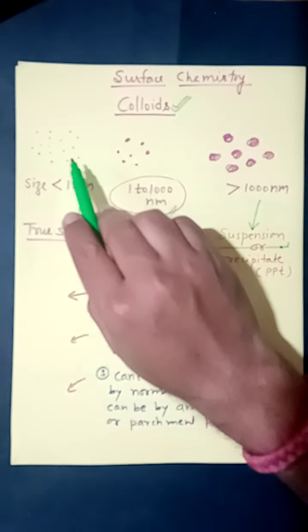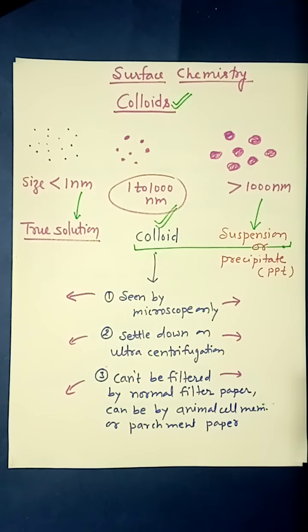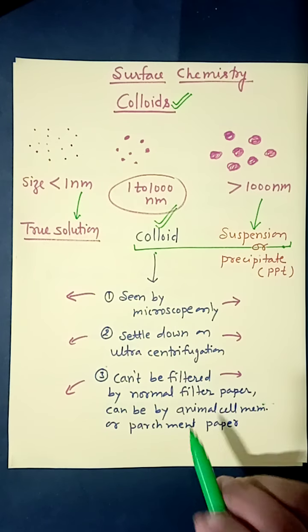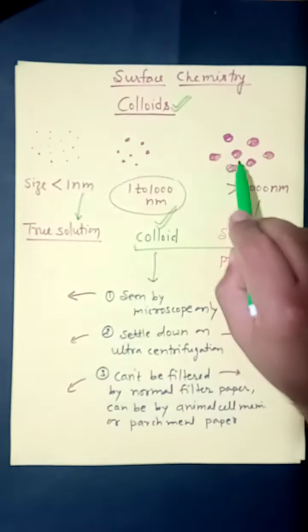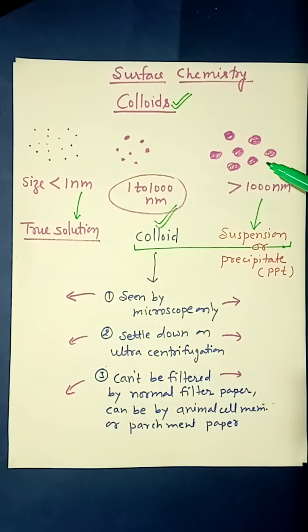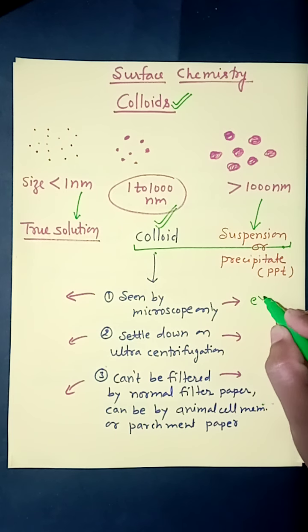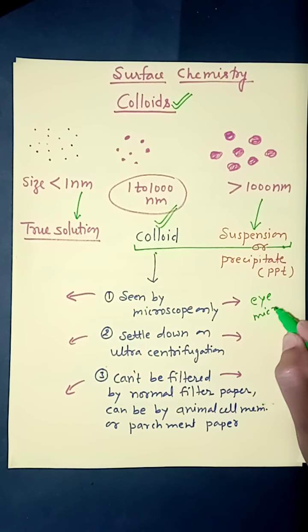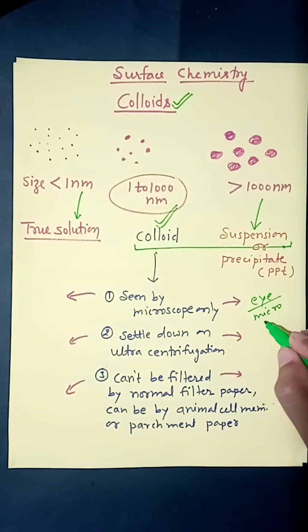So first difference, size of particles. There are some more differences which you have studied in lower classes and they are just required for general knowledge. Like out of these three, because these particles are big enough, they can be seen by naked eyes as well as by microscope. So if a particle can be seen by eyes, then definitely it can be seen by microscope also.